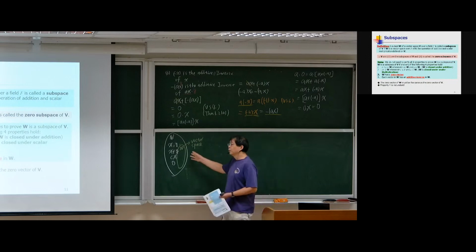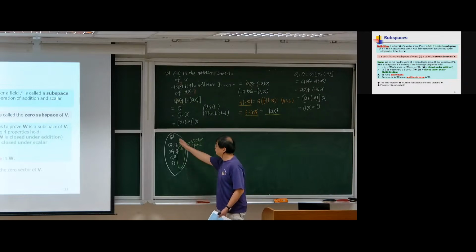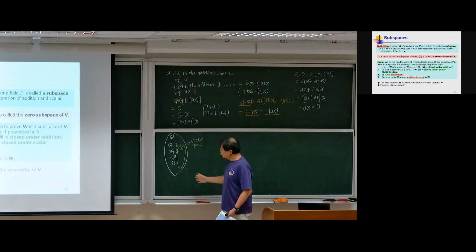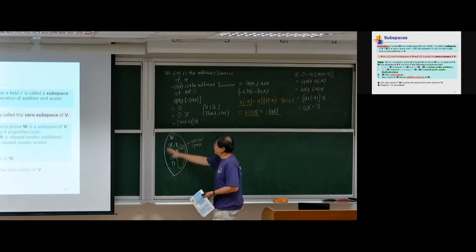But in W, because W is a subset of V, all the vector addition and scalar multiplication are subject to the definition of addition and scalar multiplication of V. So the definition is based on the V vector space.